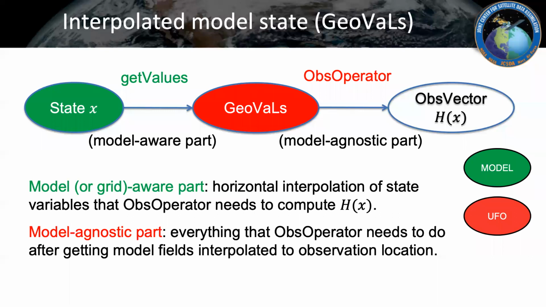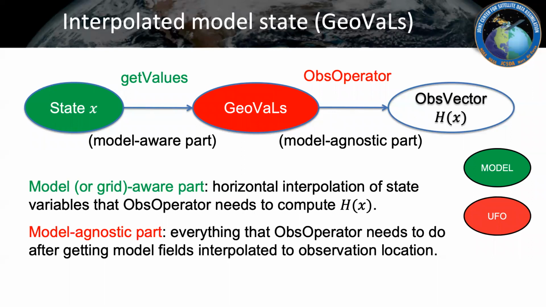Let's start with the interpolation. GeoVals again stands for geophysical values at locations, and it's used to pass the model variables interpolated to the required locations off to the operator. It basically acts as glue between the model and your desired observables. You use GeoVals to do this type of horizontal and temporal interpolation, and we split this implementation into two parts.